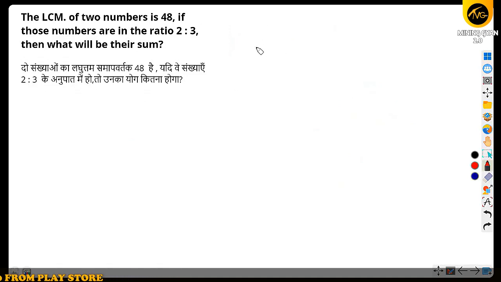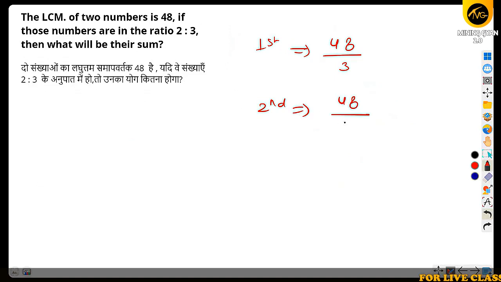So basically, we can find the first number and the second number. The first is 48 divided by the second ratio number, 3. And for the second number, 48 divided by the first ratio number, 2. This is 16 and the other is 24.